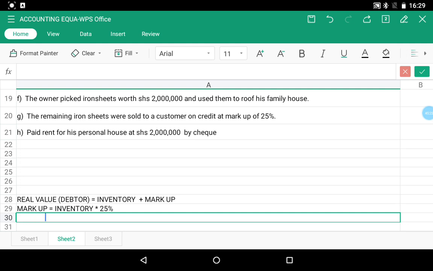We are still under markup, and they have told us the inventory.